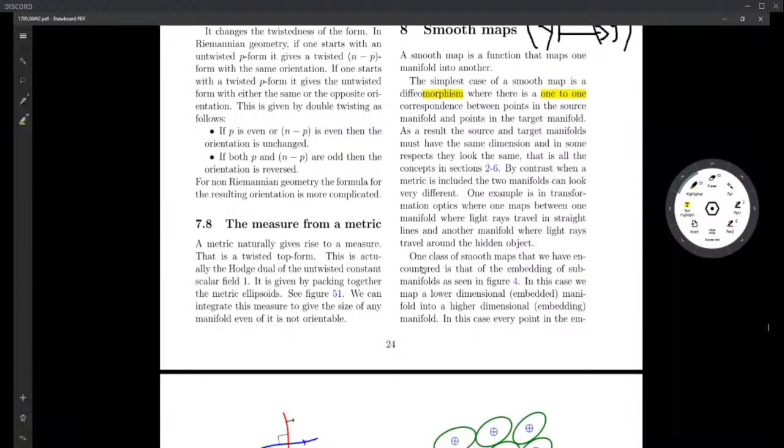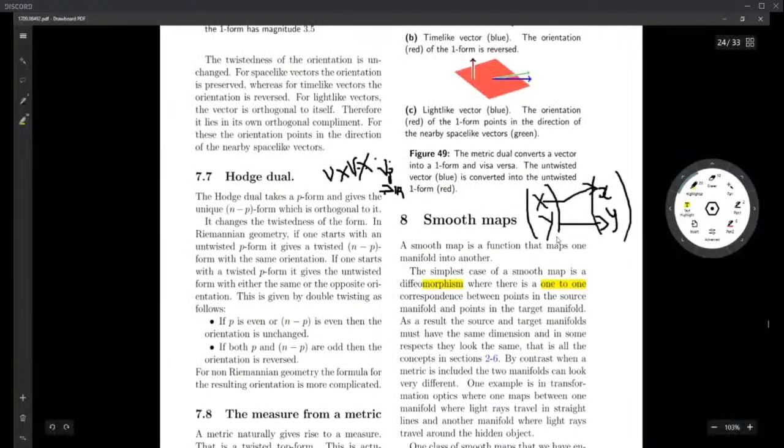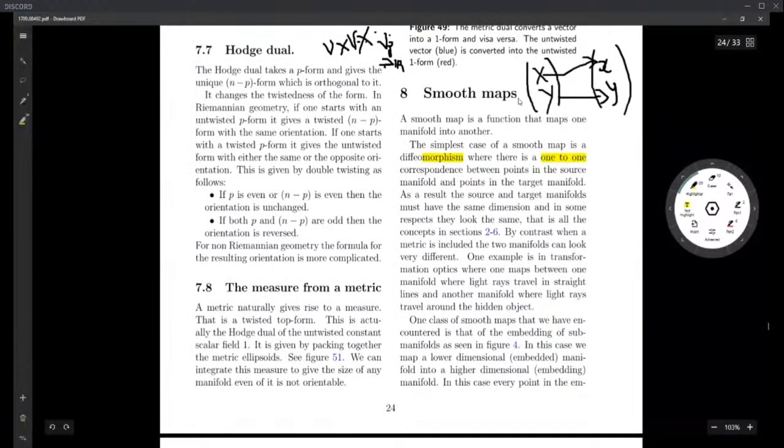However, if this manifold has a particular metric and this one has a different metric, obviously they will look different. So a smooth map is a map you can use to talk between two different metrics as well. Let's take optics as an example.